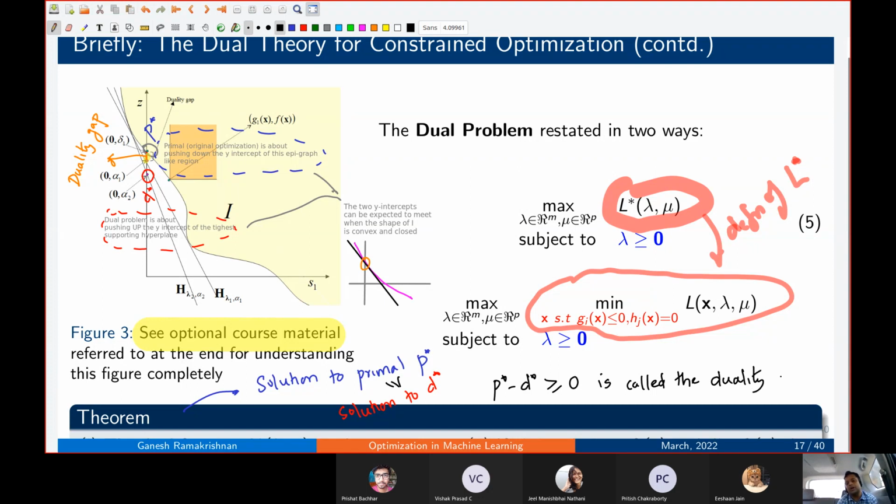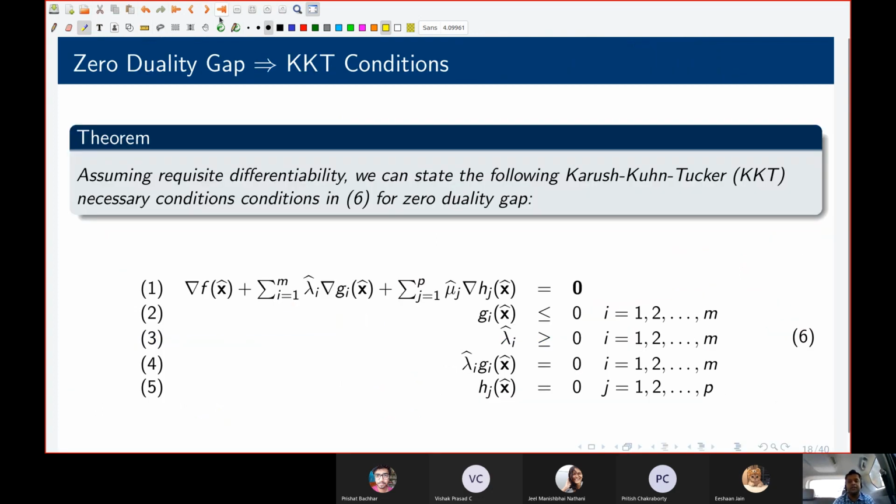So a lot of analysis is about when this duality gap will go to zero, because that will give you a solution for the lambdas and the mu's which are commensurate with the solution for x. It turns out that the holy grail, these Karush-Kuhn-Tucker conditions, are necessary conditions for zero duality gap.